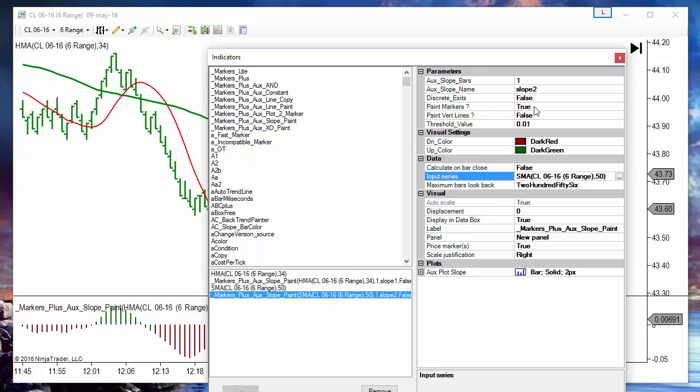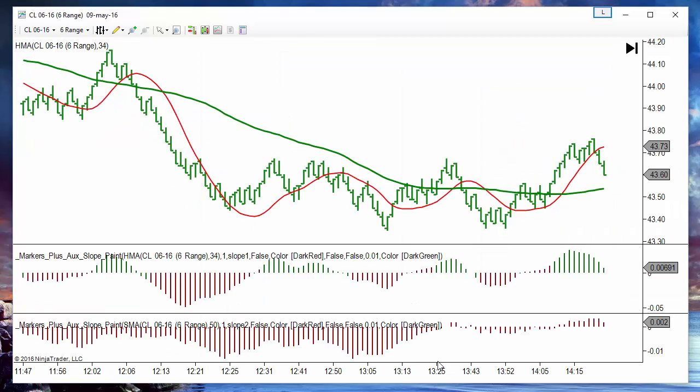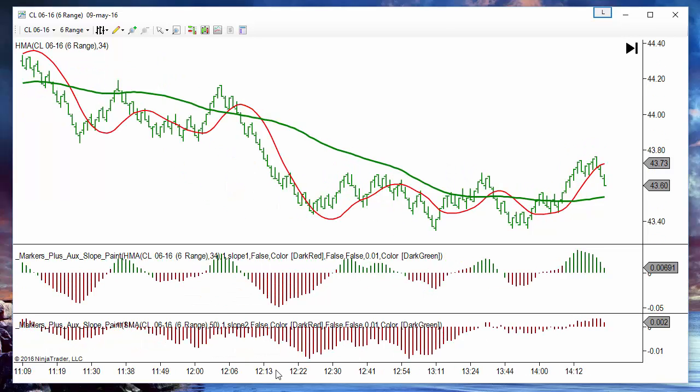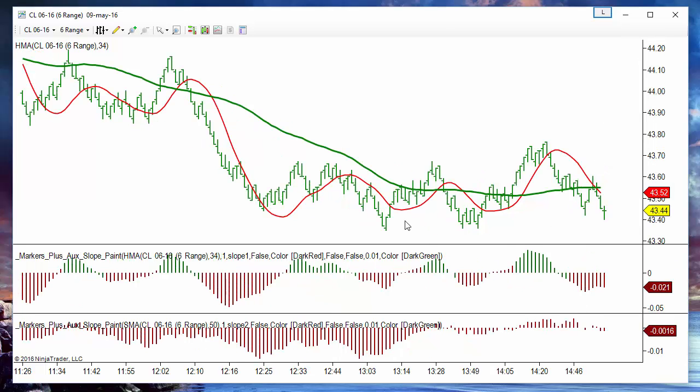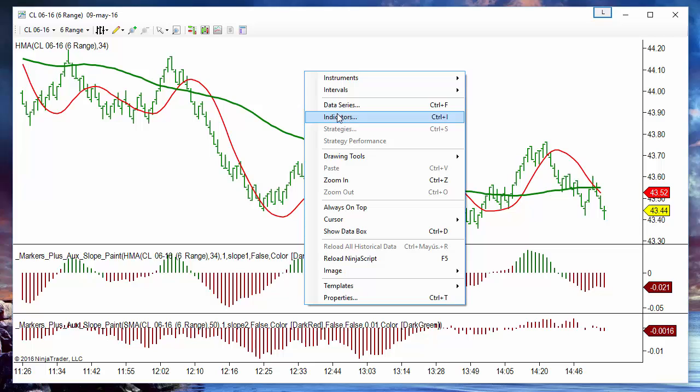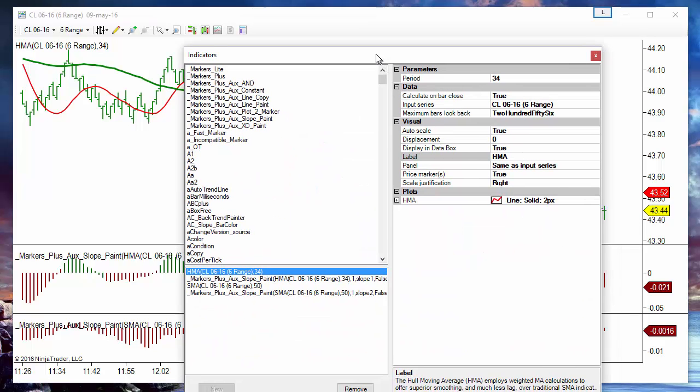We don't want to paint signals also, we are only interested in the histograms. And now we have the histograms with the slope of each line, and we want to paint signals when both slopes are negative or when both slopes are positive.